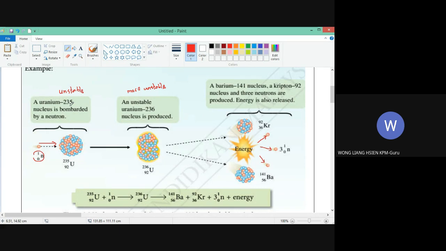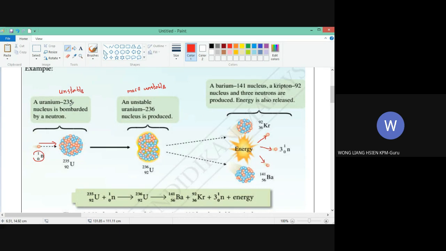So it is a very heavy nucleus with a very big mass, and it is very unstable. If it is very unstable, it will be easier for it to split into two. The bigger the object, the easier it is to split.